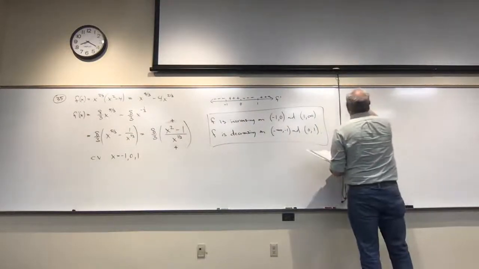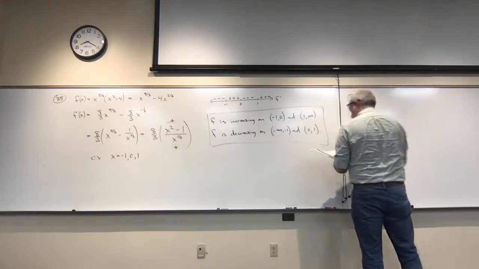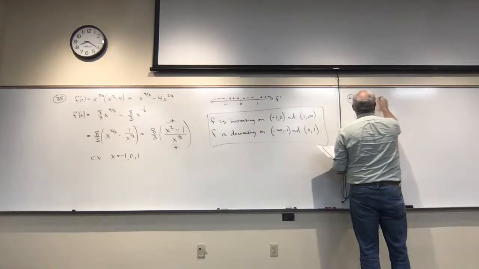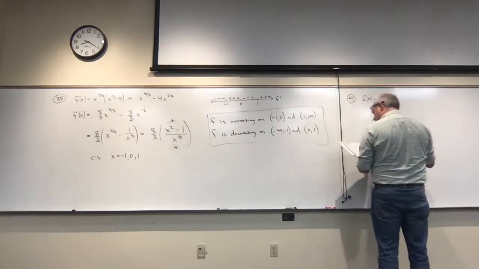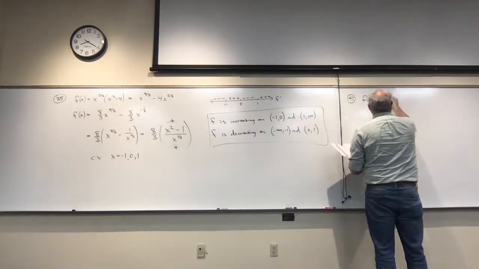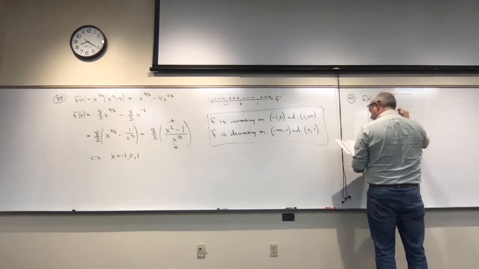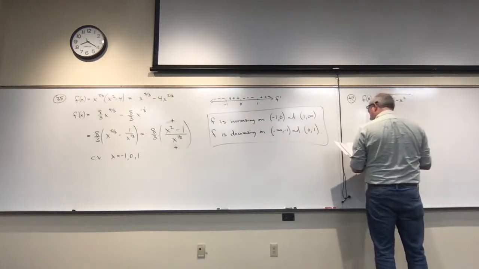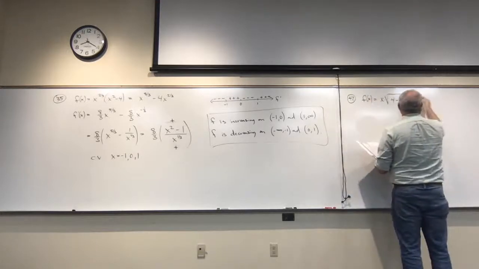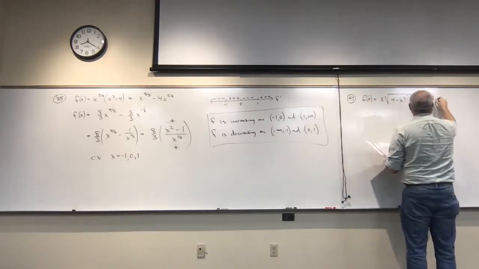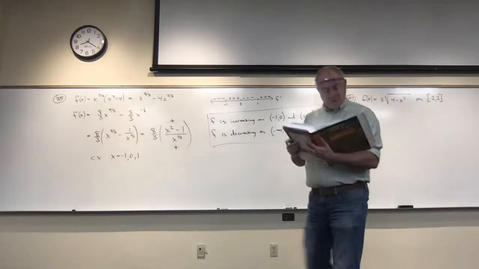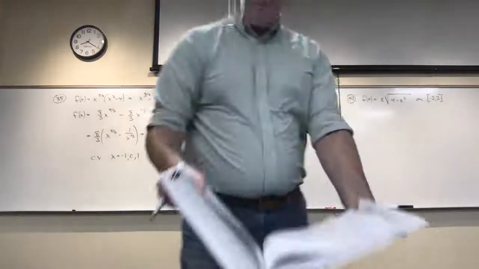We have f of x is equal to x times the square root of 4 minus x squared on -2 to 2. And we want to start out by finding the critical values of f.